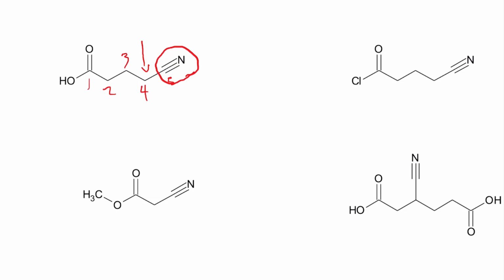So when the cyano group is lower priority, we have to include the carbon in with the nitrile group, and it no longer becomes part of the longest carbon chain. It's only when it's higher priority. The example over here, this is an acid chloride, and similarly, it is higher priority, so I am also going to include this carbon as the cyano group.